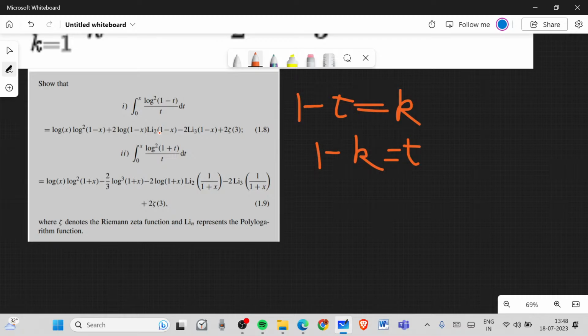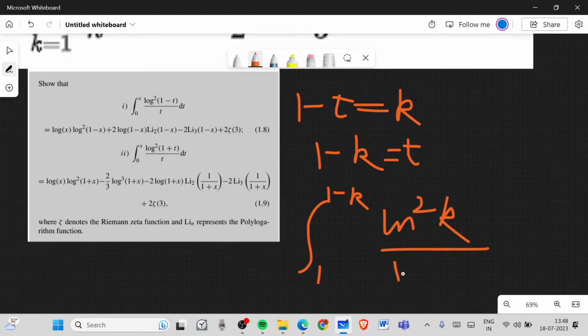But then what's the problem? 1 minus t is k in terms of limit. If t is 0 then k is 1, if t is x then okay. I don't think it's a major issue. Basically the integral from 1 to 1 minus x of ln square k by 1 minus k dk is our integral.